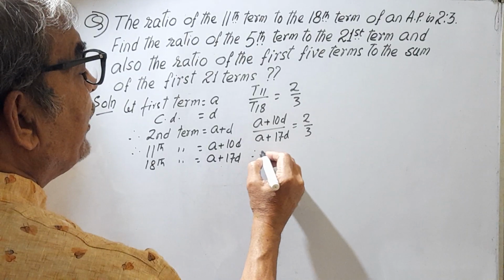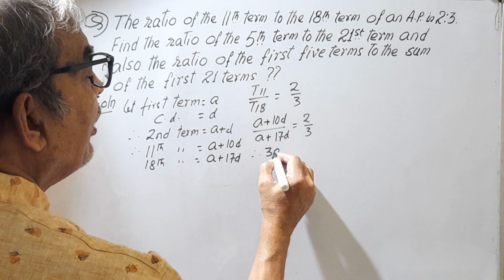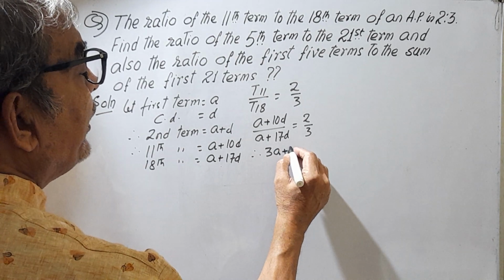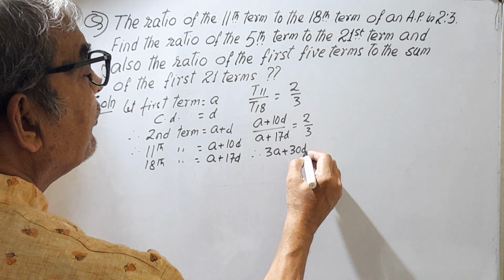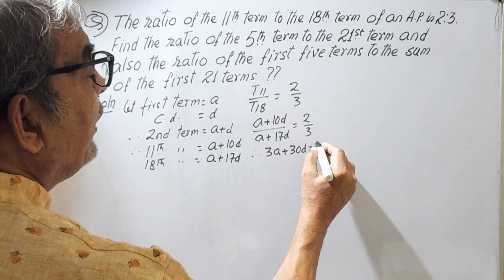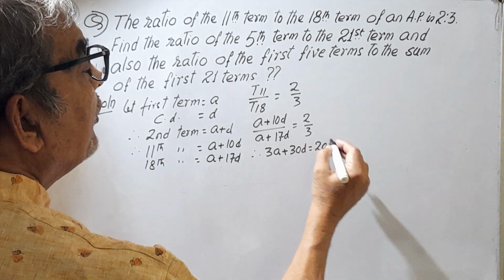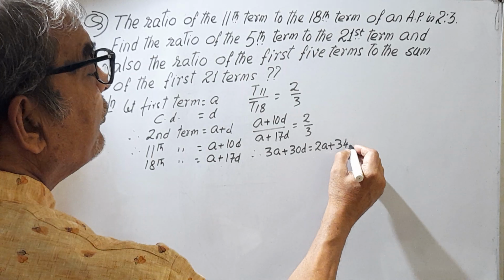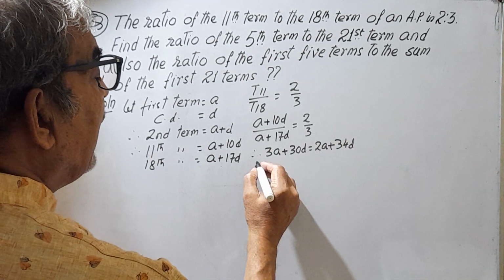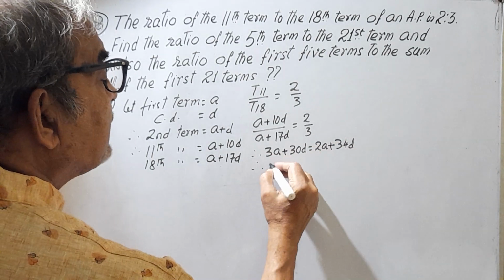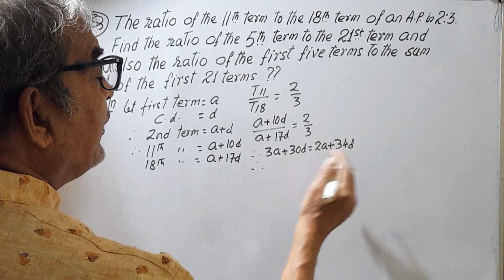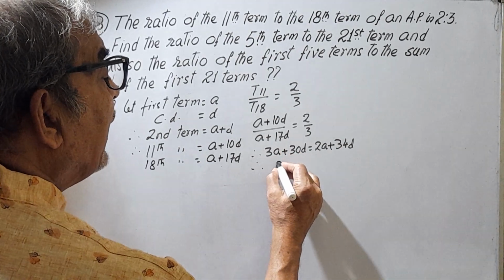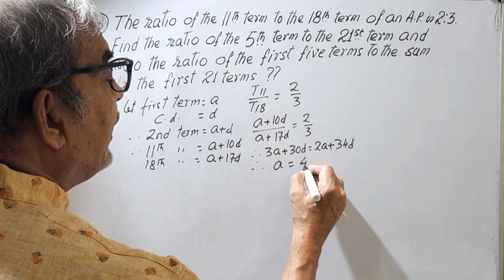Now you see 3A plus 30D equal to 2A plus 34D. Clear? Now therefore just transferring A to A and D to D, then I will get A equal to 4D.